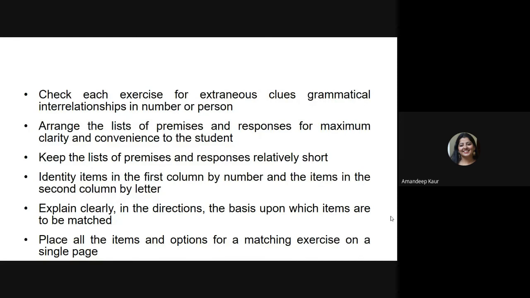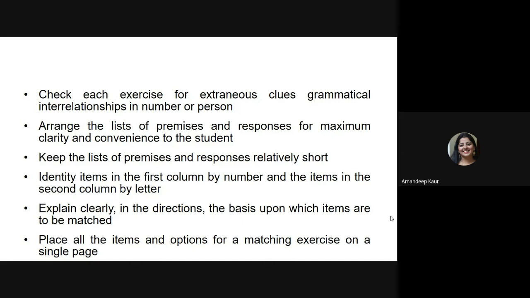So in print option again, the matching type exercises need to be given on a single sheet. Keep the list of premises and responses relatively short. It is only the remembering based on understanding ability that we are going to analyze with these type of exercises. So no longer sentences are required.